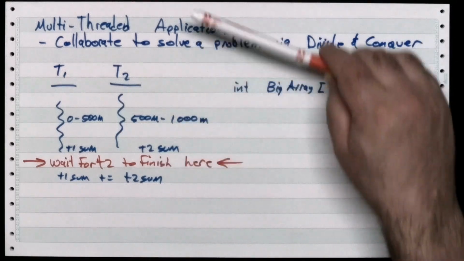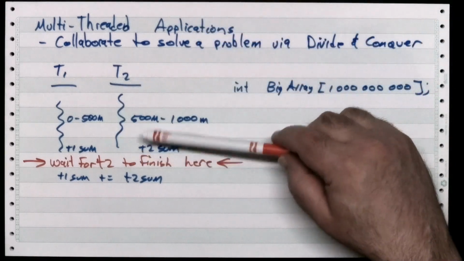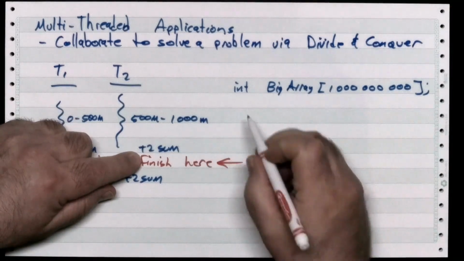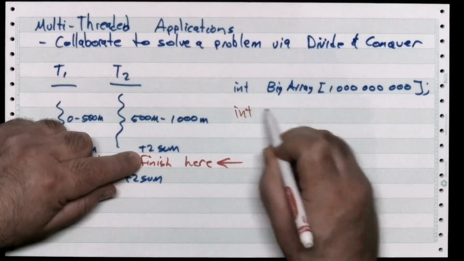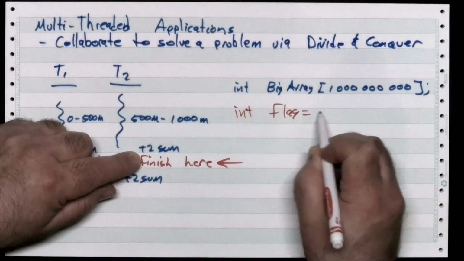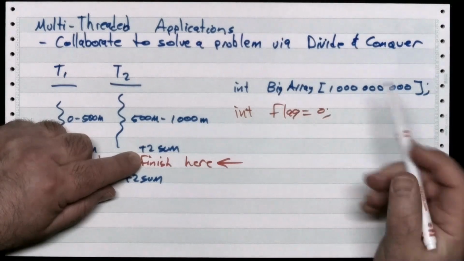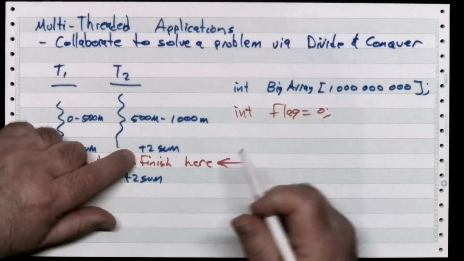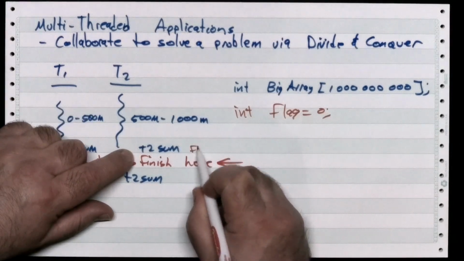Maybe in this particular example, after thread 2 sums its stuff up, there might be a flag over here, and thread 2 puts flag equals 1.